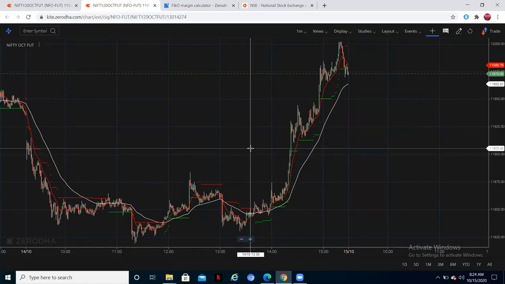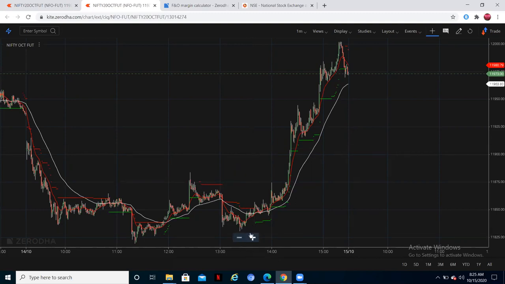The Europe market opens at 12:30, and the market starts to give you the move. The movement may come at 1 o'clock, 1:30, 2 o'clock. That depends. But it is going to come after 12:30 only, or you can say after 1 o'clock only. So start finding out the entries after that, not before that.